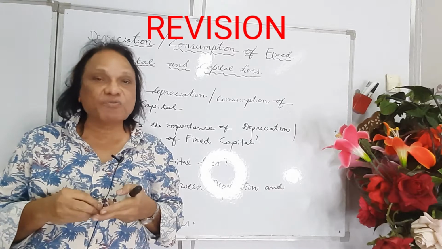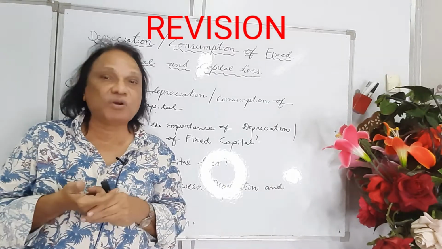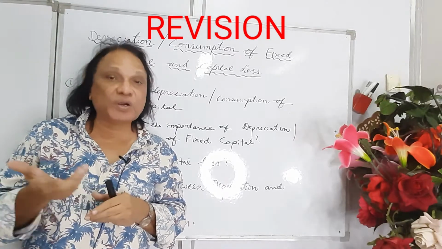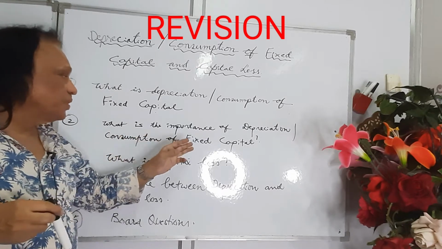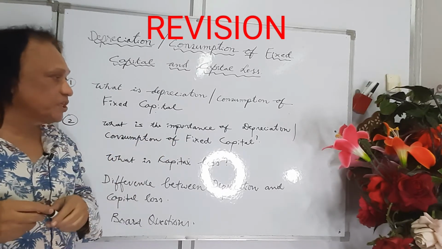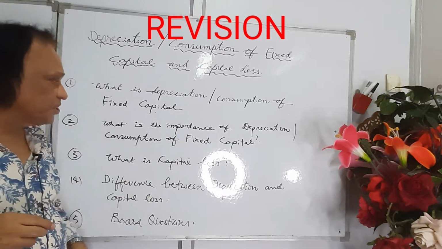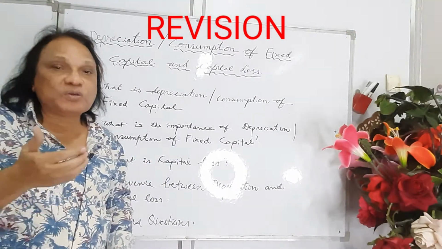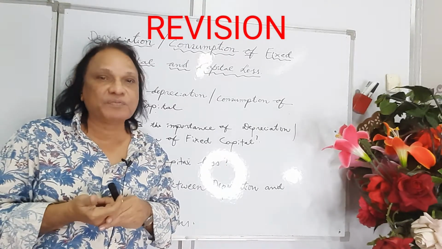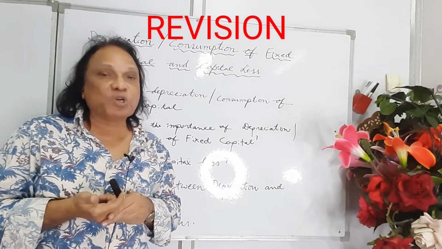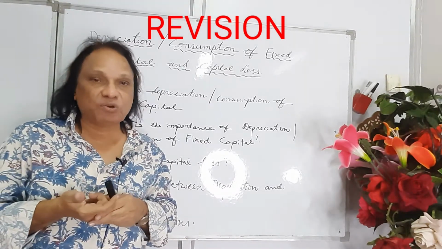And what is the importance of depreciation or consumption of fixed capital in national income accounting? It helps us to find out from gross value to net value or net value to gross value. If you subtract depreciation from gross value, we get the net value. If you add depreciation to net value, we get gross value.